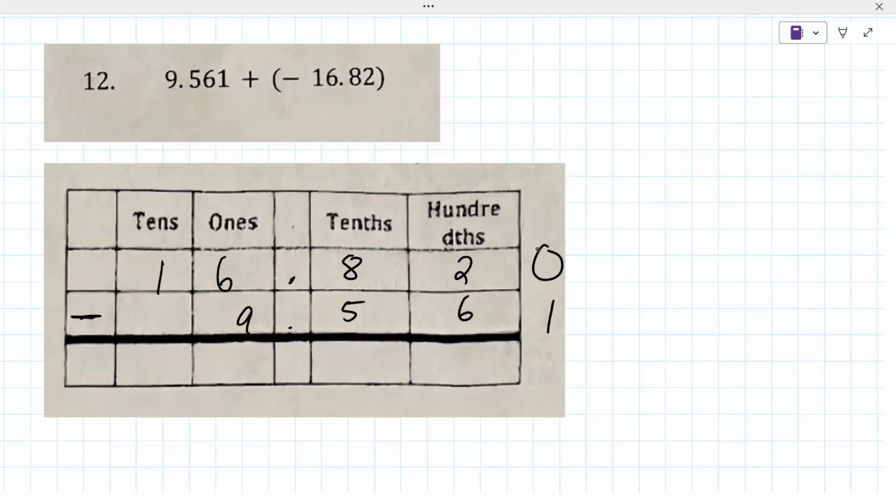16.2, 1 0, and subtract those. 7.259. Negative 7.259.